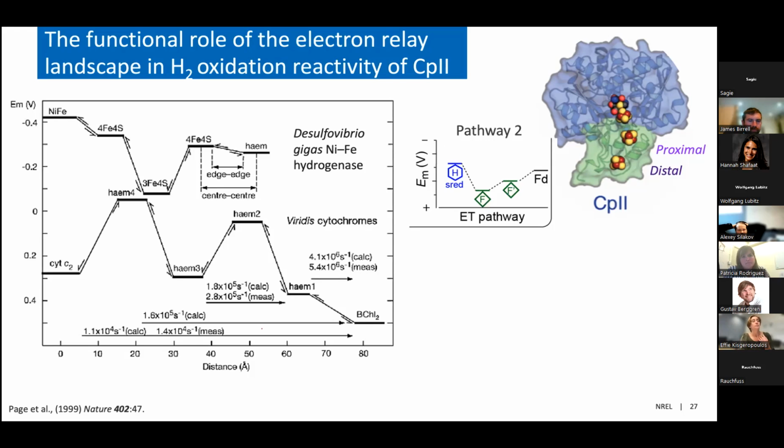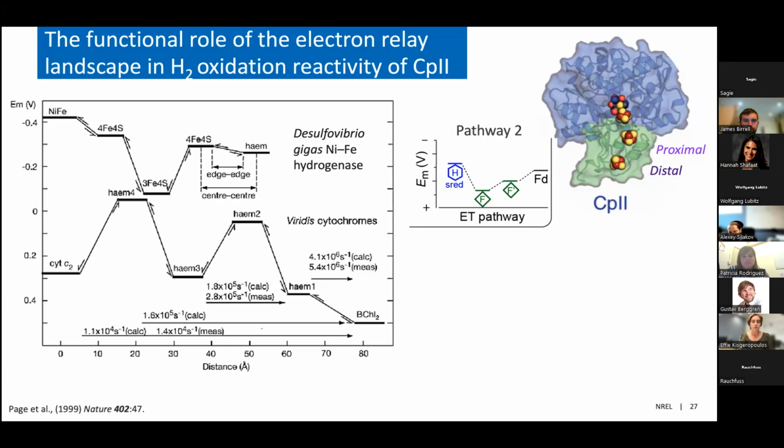But in this system, they calculated that the rates of electron transfer over tens of angstroms were in a range that was like an order of magnitude more even than the experimentally determined electron transfer and catalytic rate. So this setup alone and the ability of the electron tunneling in the protein, like the enzyme matrix, was able to account for the electron transfer rate seen in the actual system.